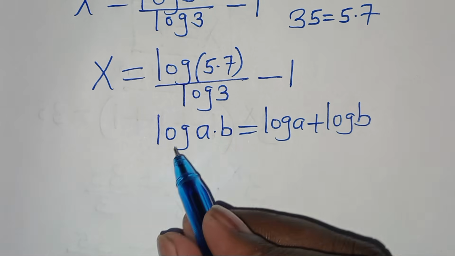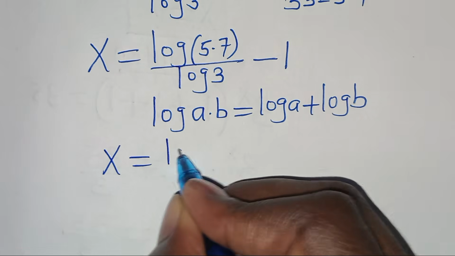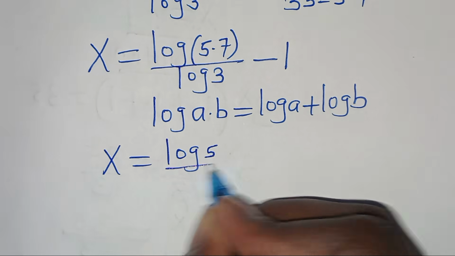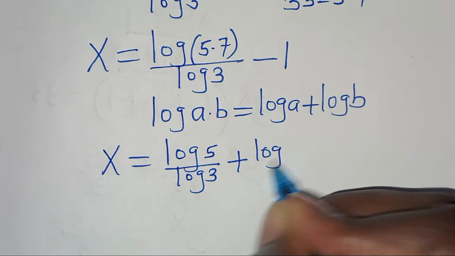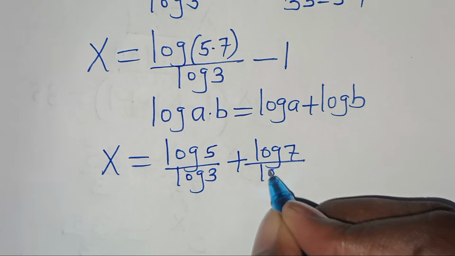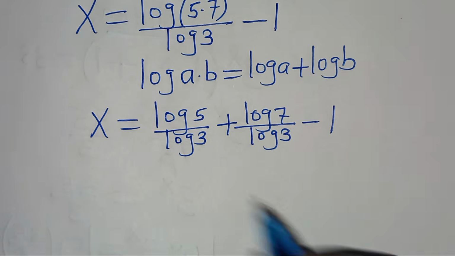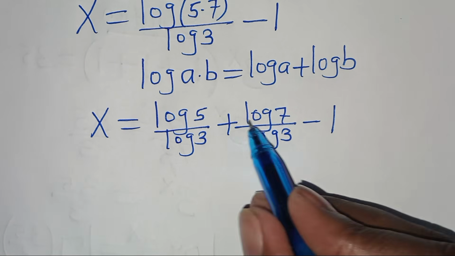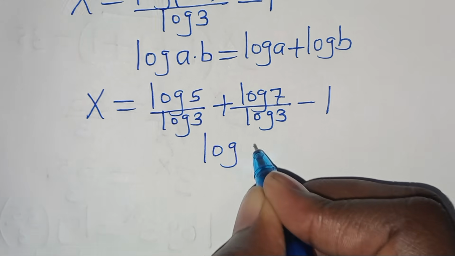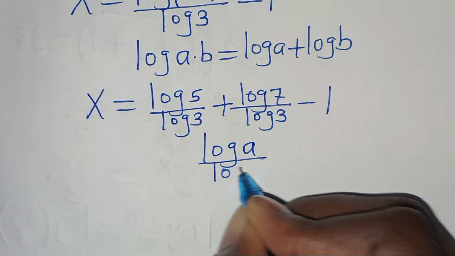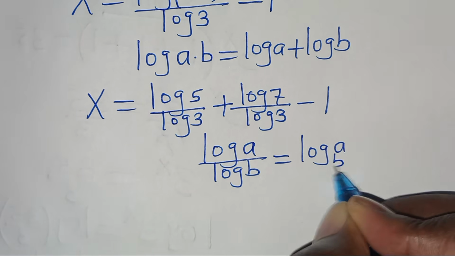Now let's apply this logarithm property, so that now x is equal to log 5 divided by log 3 plus log 7 divided by log 3, then subtract 1. Now log 5 over log 3 and log 7 over log 3 are actually in the form of log a divided by log b, which we can express as log a to base b.